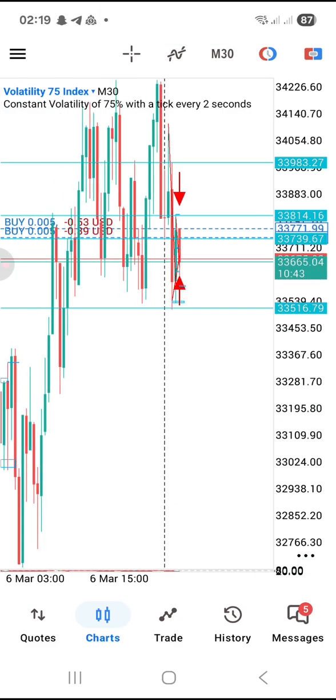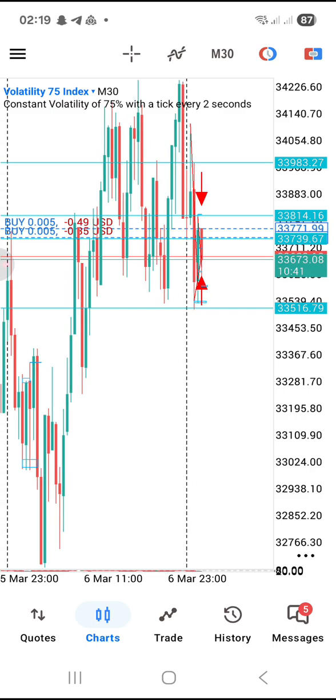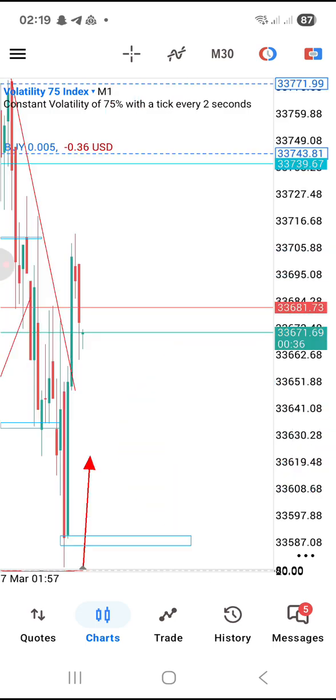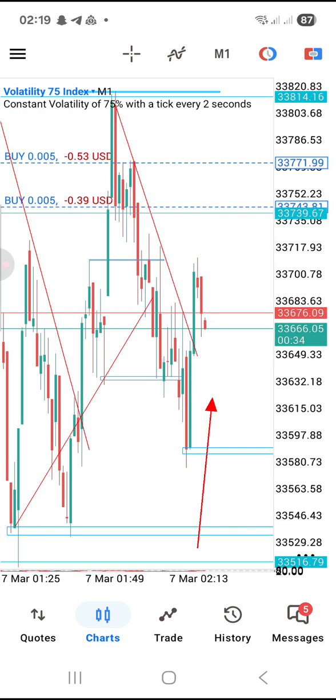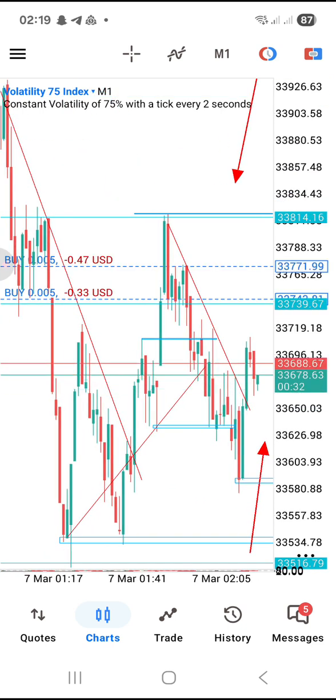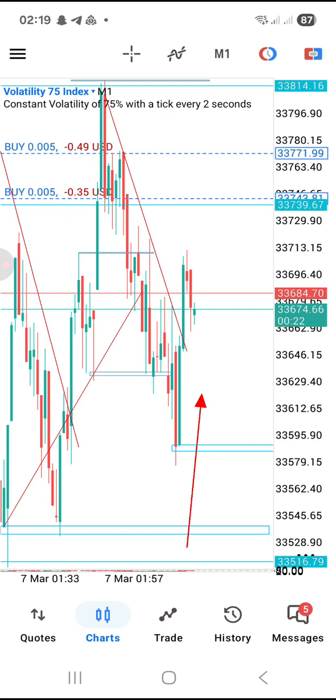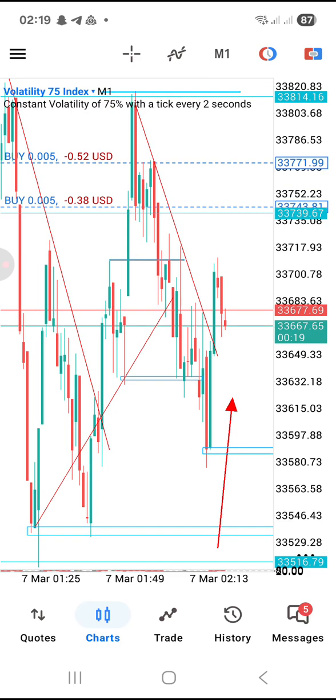Now this shows that our 30 minutes level has some rejections. Our 1 minute marking is not letting us see the 30 minutes again. But because we had already looked at it initially, we already established what was going on in our higher time frame before we started trading.